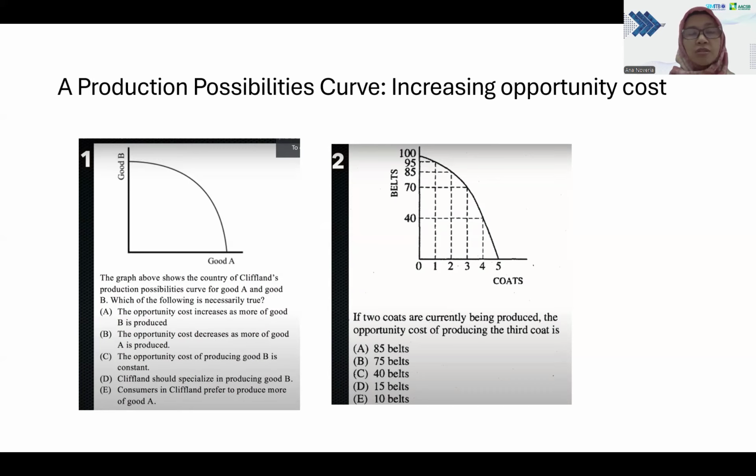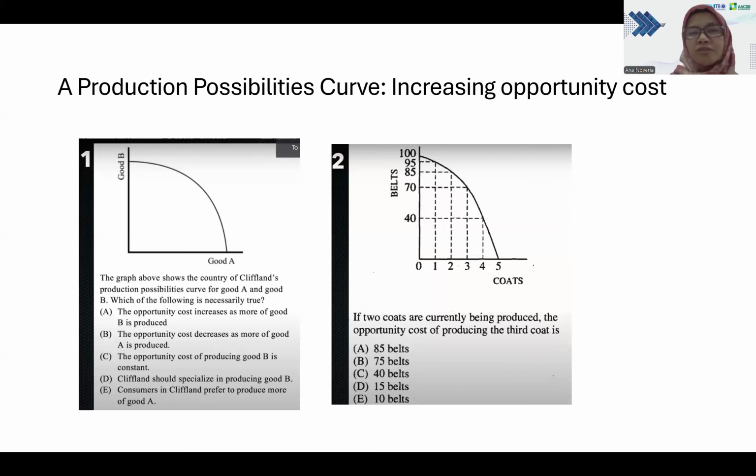The soil may be more suitable for producing good beef rather than good eggs, for example. Let's say the US may be better at producing weapons than producing butter, for example.